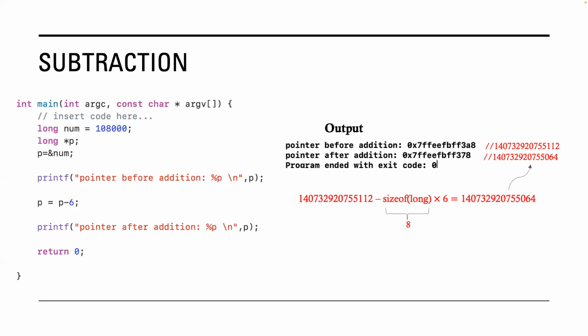So if you run this code and print the value before the subtraction and after the subtraction, you will see that it will reduce 8 times 6 from this address of the num variable.